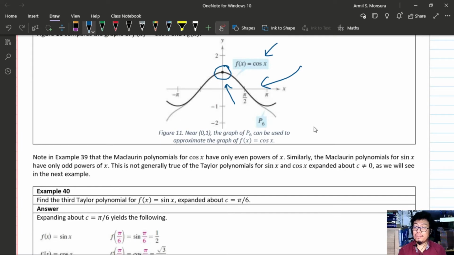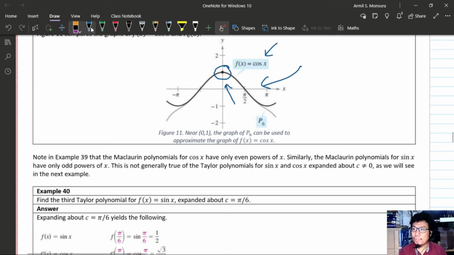You can actually verify that by computing the Maclaurin coefficients for P1, P3, and P5.